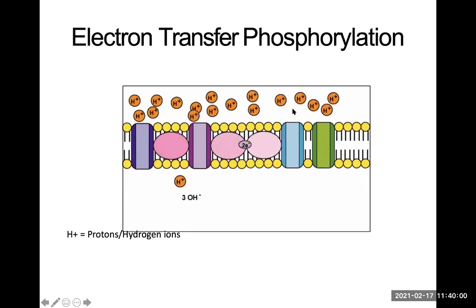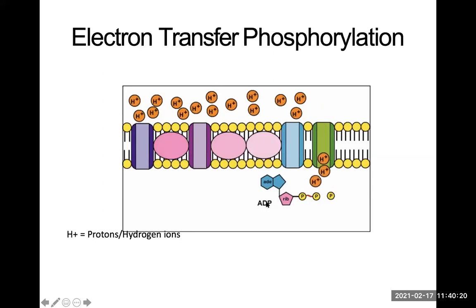These hydrogen ions want to leave, and they leave through something called ATP synthase. When they leave, that produces energy. It takes ADP and attaches phosphate to it to produce ATP. So as these hydrogen ions leave, they take ADP, put it with the phosphate, and produce ATP.